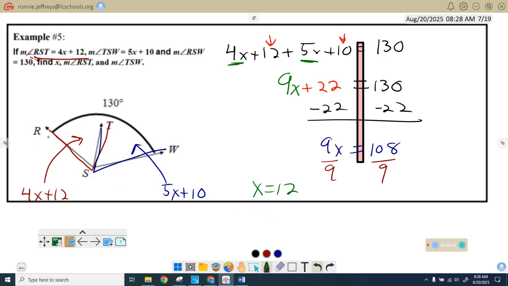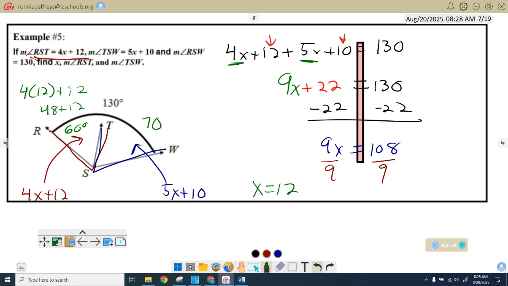Well, if X equals 12, this is 4 times 12 plus 12. So this is 48 plus 12, which is 60. Now, you could plug it into the 5x plus 10. You didn't really have to, because if this is 130, this is 60, this has to be 70. Okay?